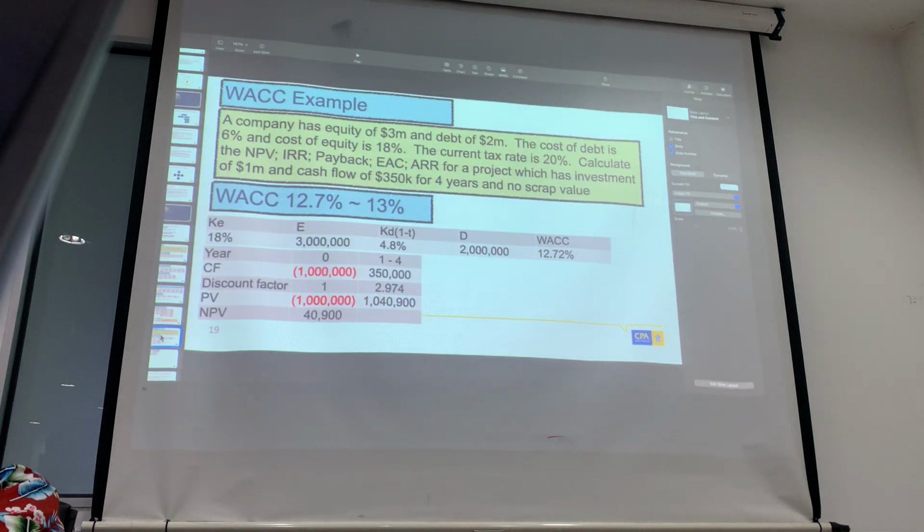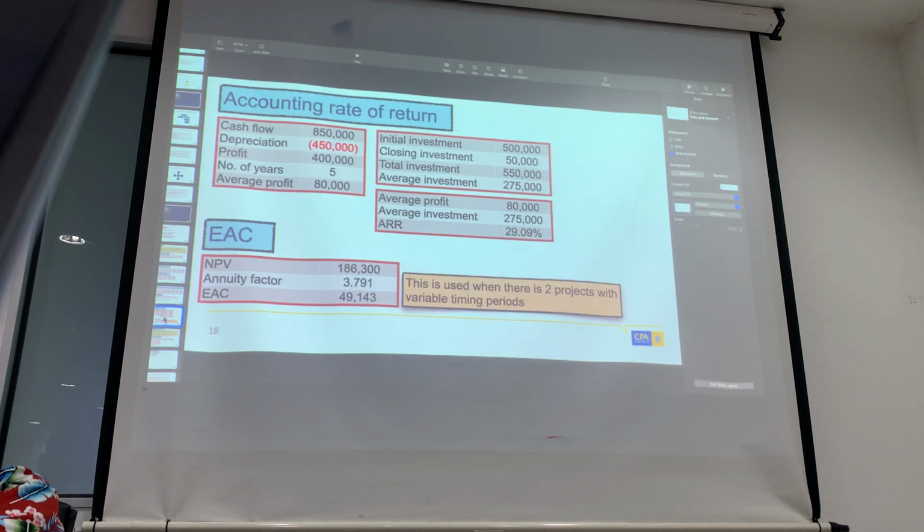Can you do ARR? ARR is still a bit tedious.